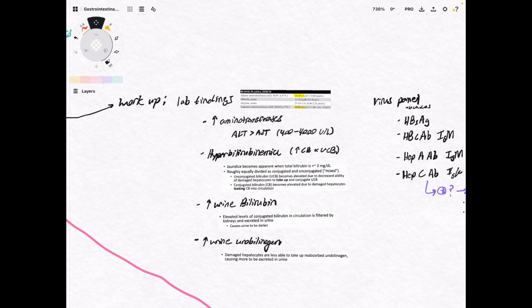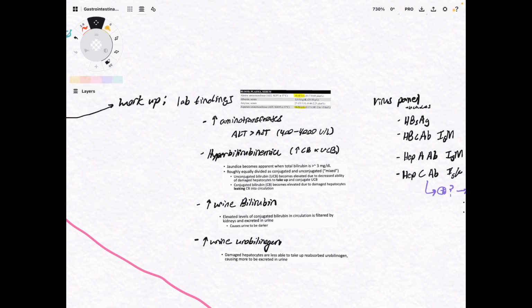And then you're going to have an increase in urine urobilinogen. This is because the damaged hepatocytes are less able to take up the reabsorbed urobilinogen. Remember, urobilinogen is reabsorbed and reused by the biliary system. But damaged hepatocytes can't take it up, just like they couldn't take up the unconjugated bilirubin.